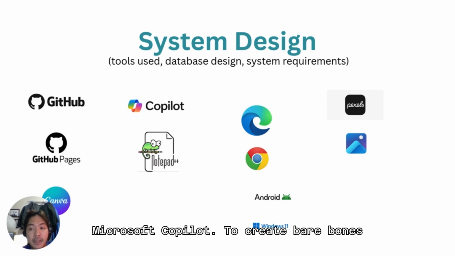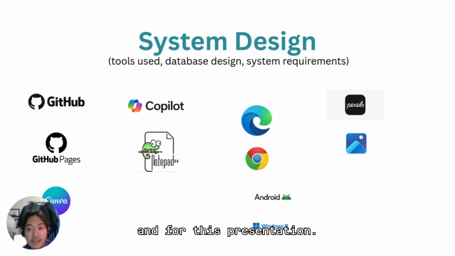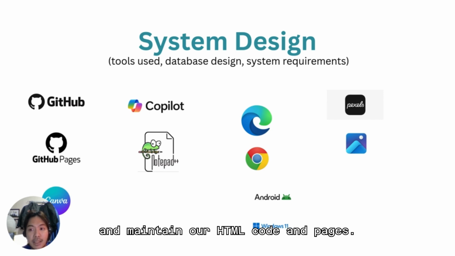I also used Microsoft Copilot to create a bare bones HTML template, which was then heavily customized based on our layout. Canva was also utilized for wireframes and for this presentation. Notepad++ was used to edit and maintain our HTML code and pages.